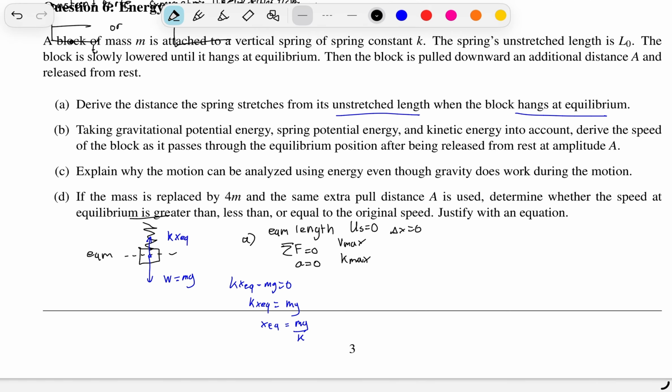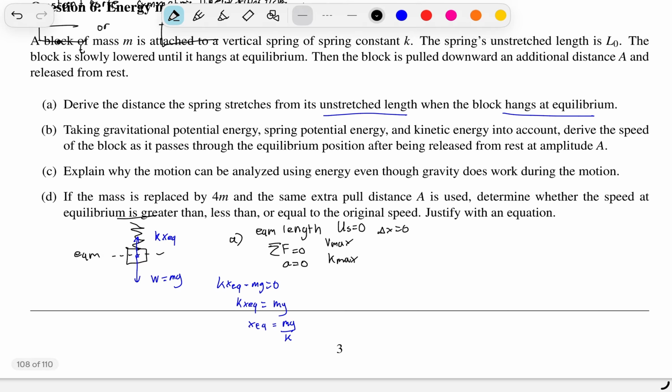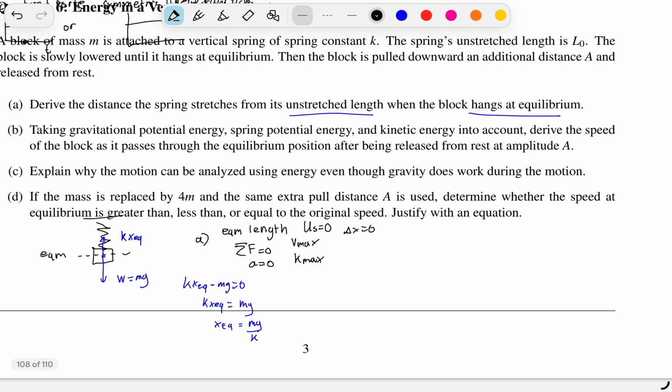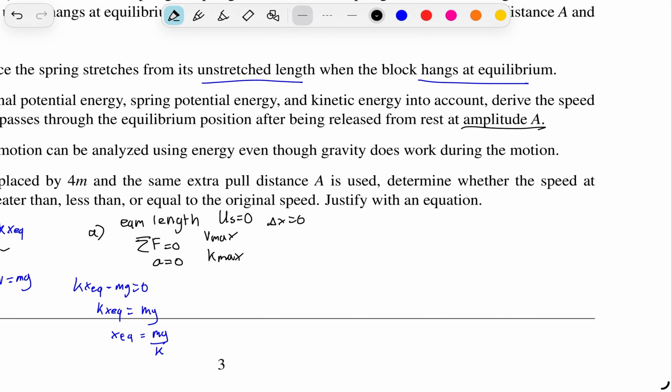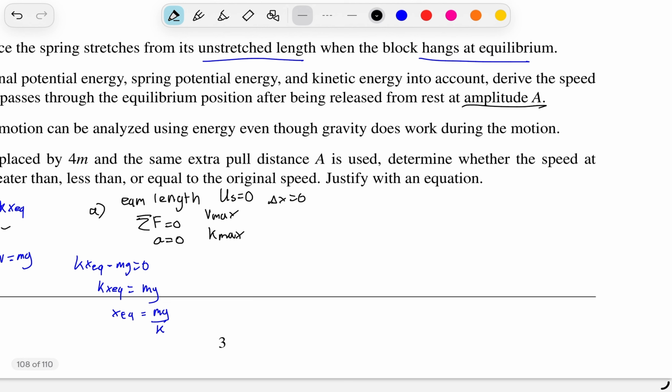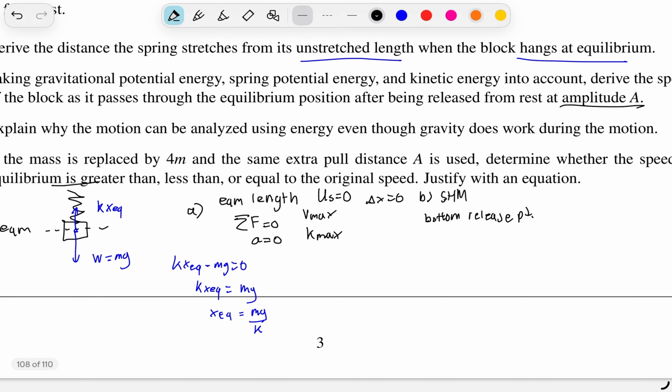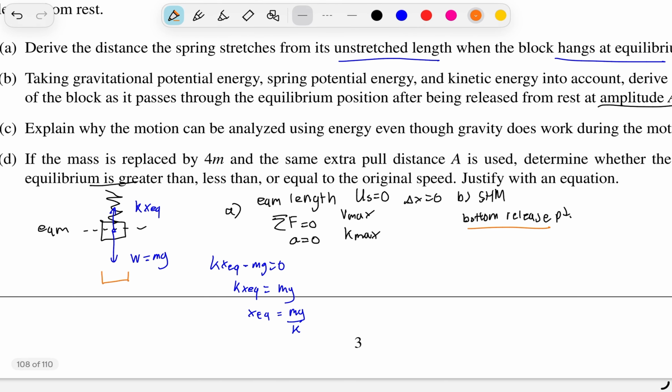Now we are asked, taking the gravitational potential energy, spring potential energy, and kinetic energy into account, derive the speed of the block as it passes through the equilibrium position after being released from rest at an amplitude A where we stretched it. So if you have displacement from equilibrium, your vertical spring behaves like simple harmonic motion. And when you are at the bottom release point, what this means is you just displace your spring by a little bit, as in you pulled it down to here.